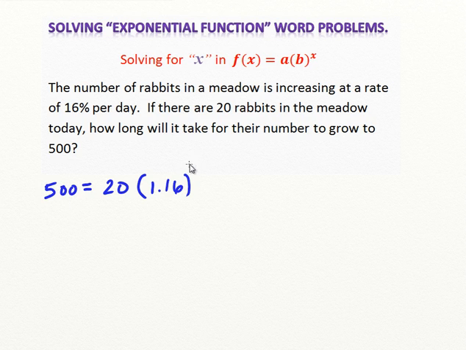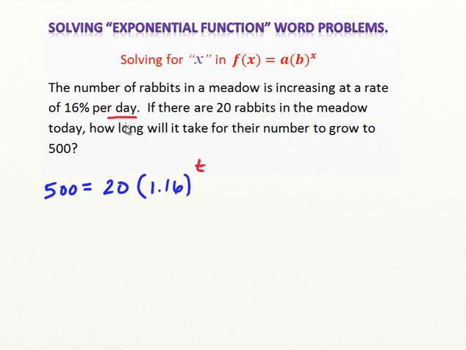And the question is, what variable x, or in this case time, do I need to put in there to make this equation work? Notice that the growth rate is expressed in per day amounts. So when we solve for the value of t, the units of time associated with that value are days.